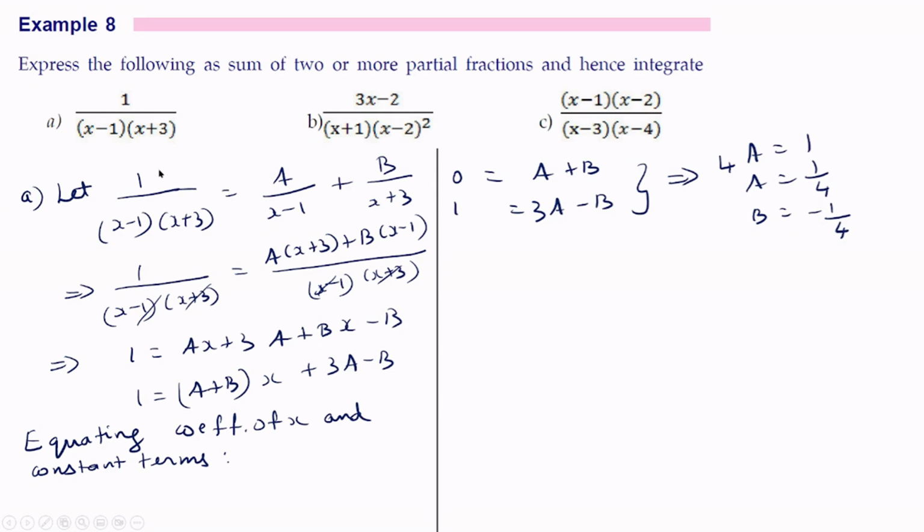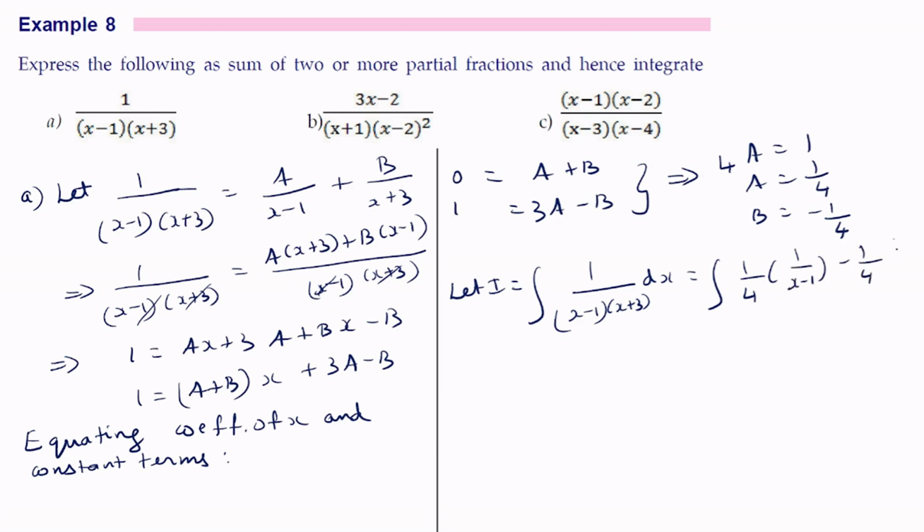So now we can integrate this easily. If we have it like this directly, it is difficult to integrate, but if we have the integral of the form ∫ 1/((x - 1)(x + 3)) dx, this is nothing but ∫ (1/4)(1/(x - 1)) - (1/4)(1/(x + 3)) dx.